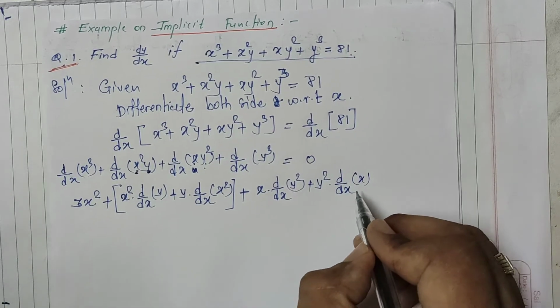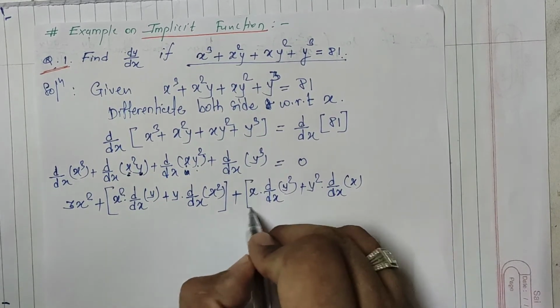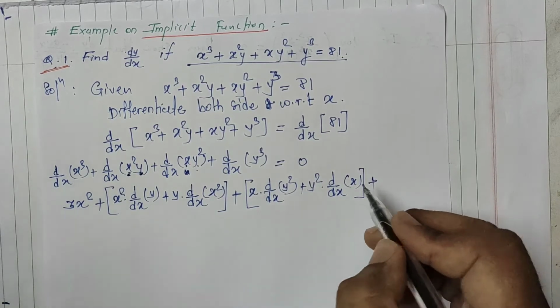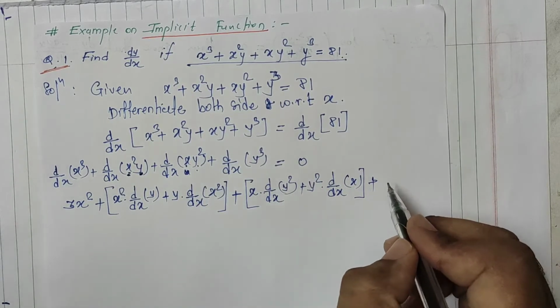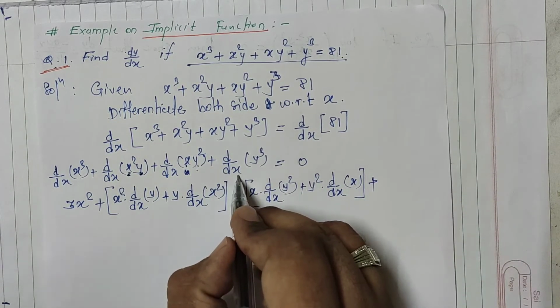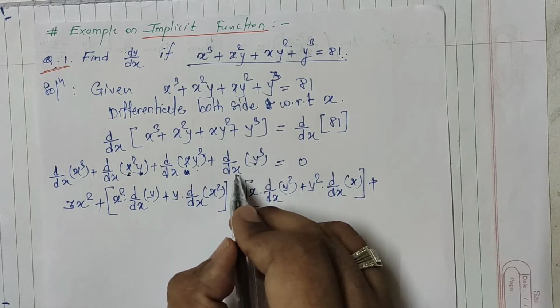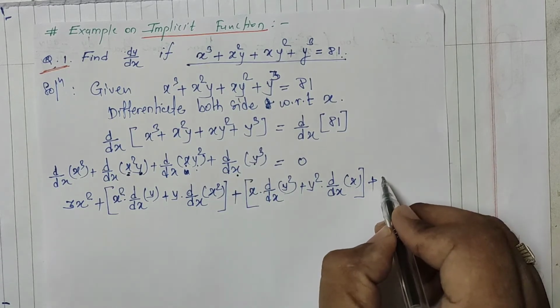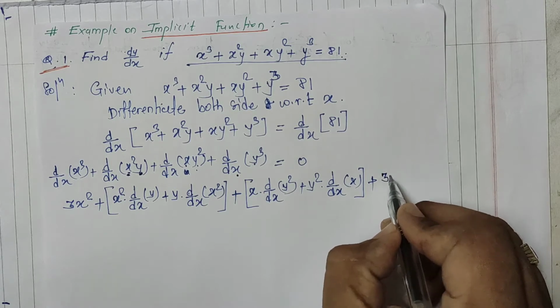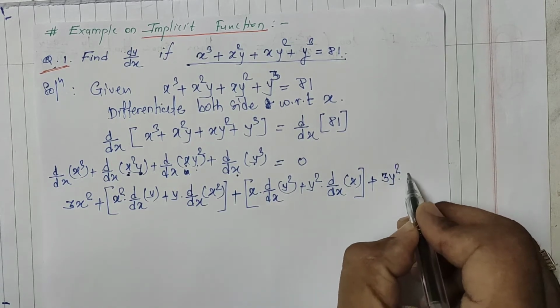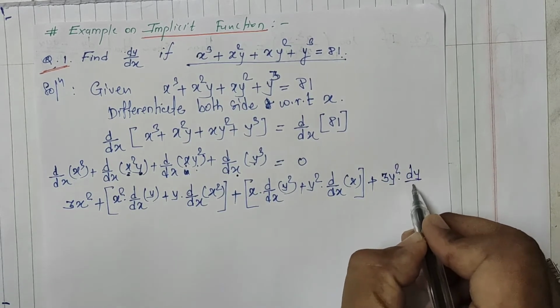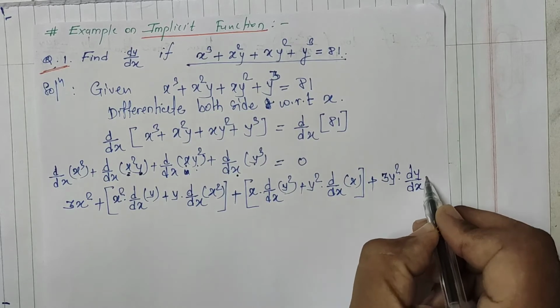First function is x. This process is complete. Then the derivative of y cube with respect to x. Therefore y is a composite function with respect to x, so the y cube derivative is 3y square into the y derivative, by using the chain rule.